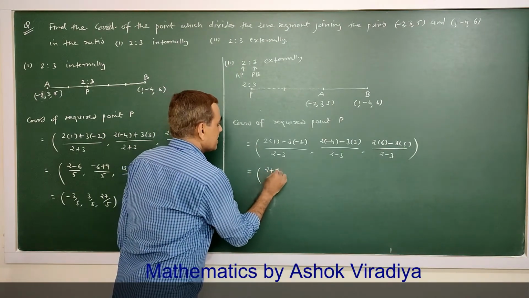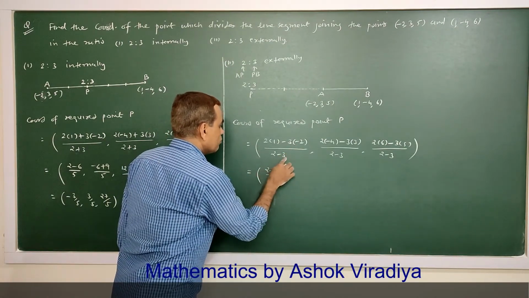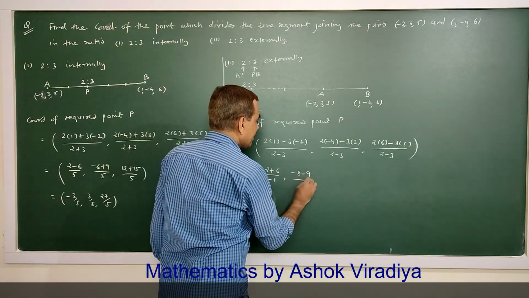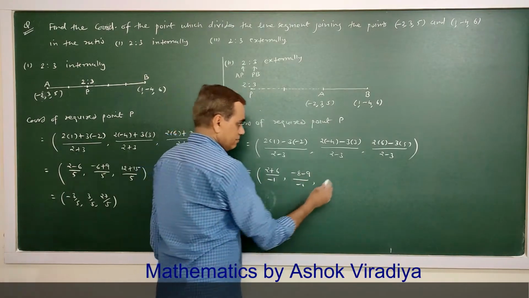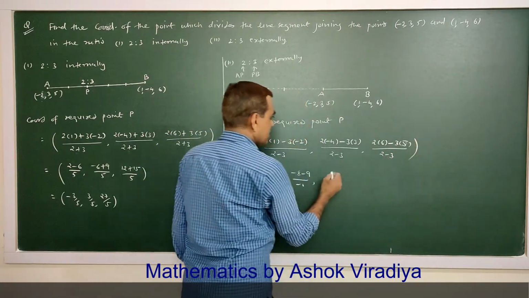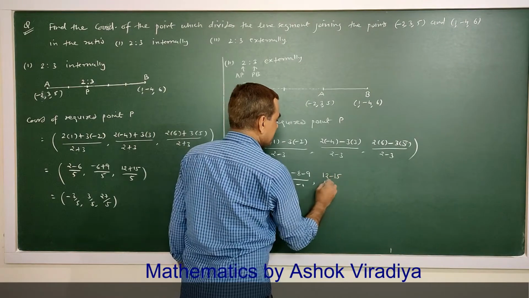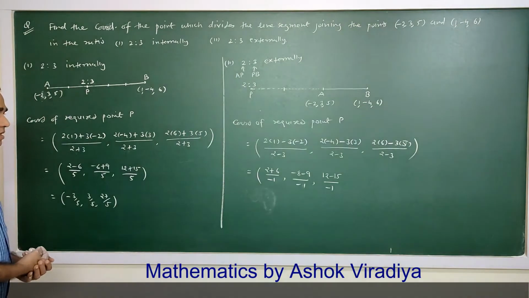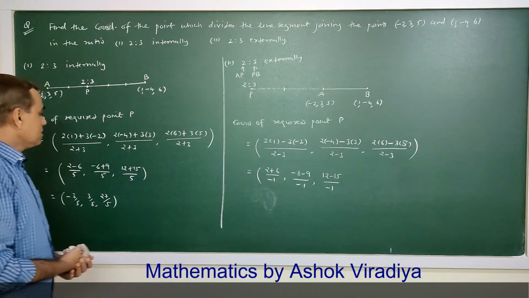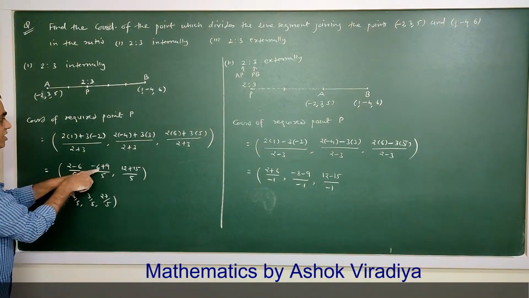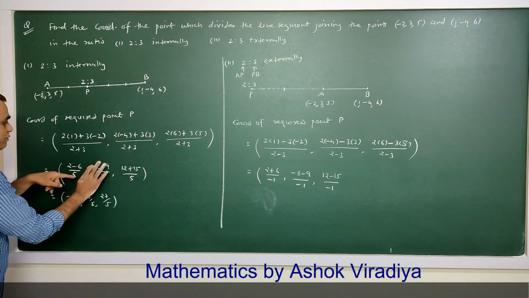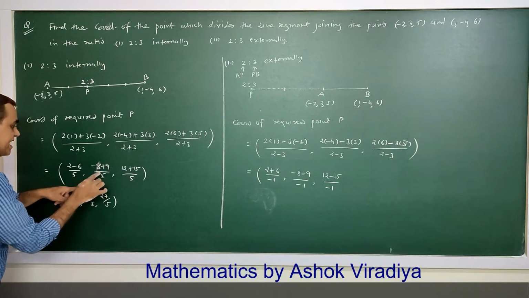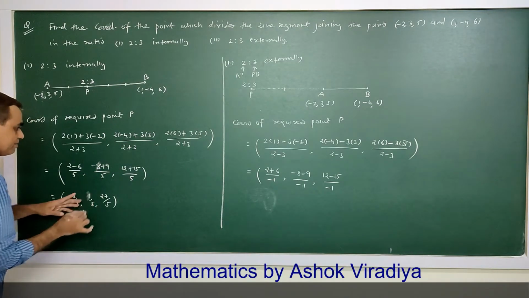2 plus 6 upon 2 minus 3, which is minus 1, minus 8 minus 9 upon minus 1. Sorry, here I made a mistake. 2 into minus 4 is minus 8, plus 9, so 9 minus 8 will be 1.